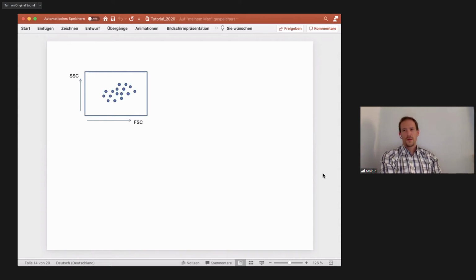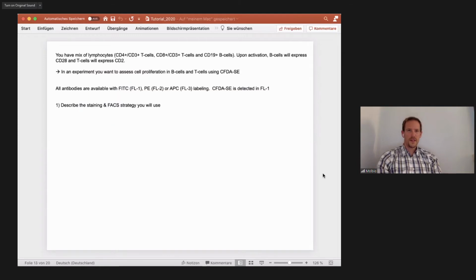And previously we said CD4 plus, CD3 plus T cells. So there's two markers there. And even if you would not know that, CD8, CD3, and CD19 B cells, or CD28 once they are activated, and then CD2.